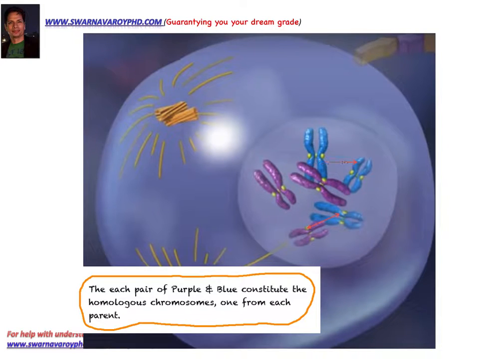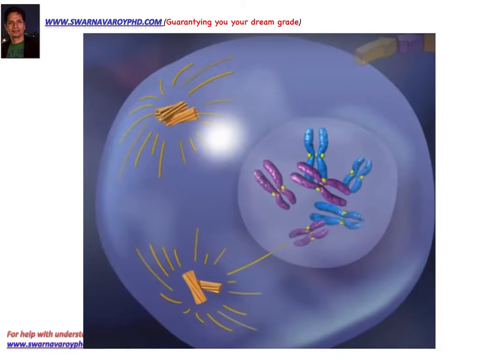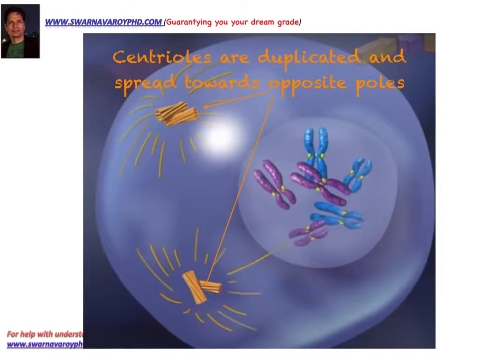Okay, and now those orange cylinders are the centrioles, and before the beginning of prophase 1, these centrioles move towards opposite poles.